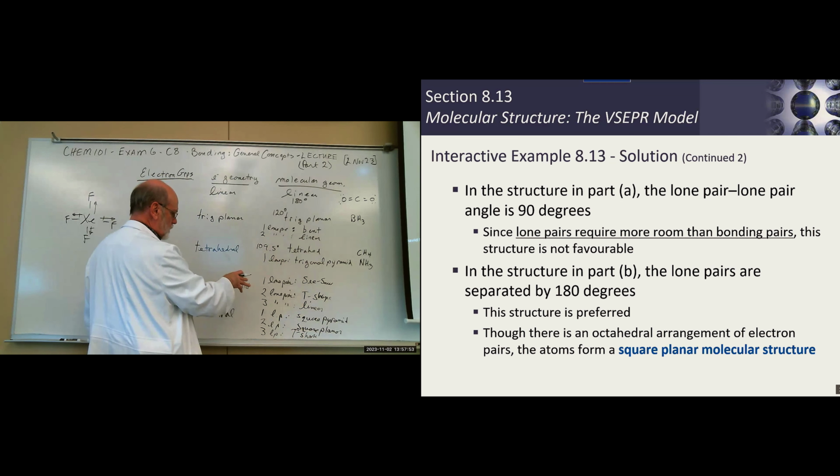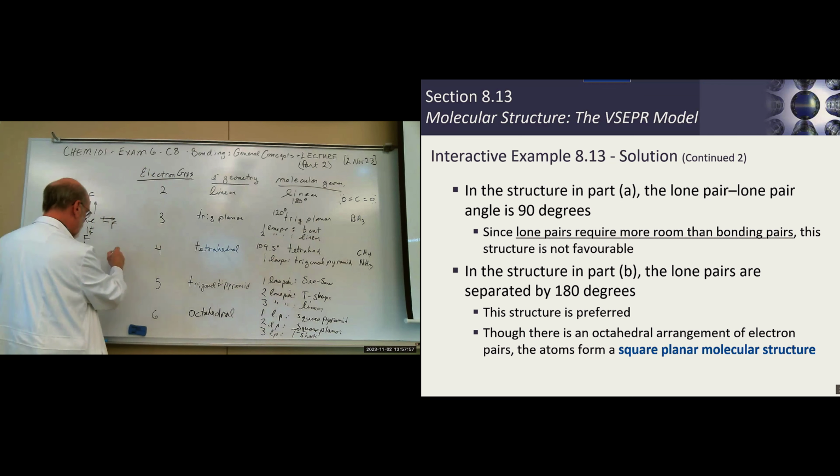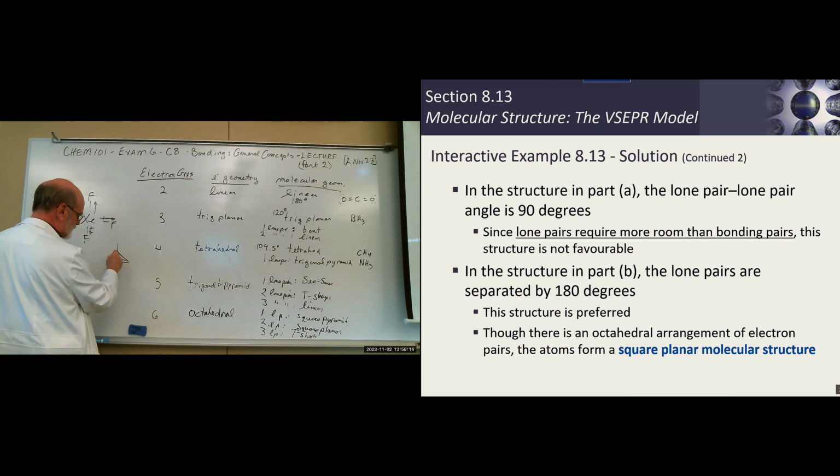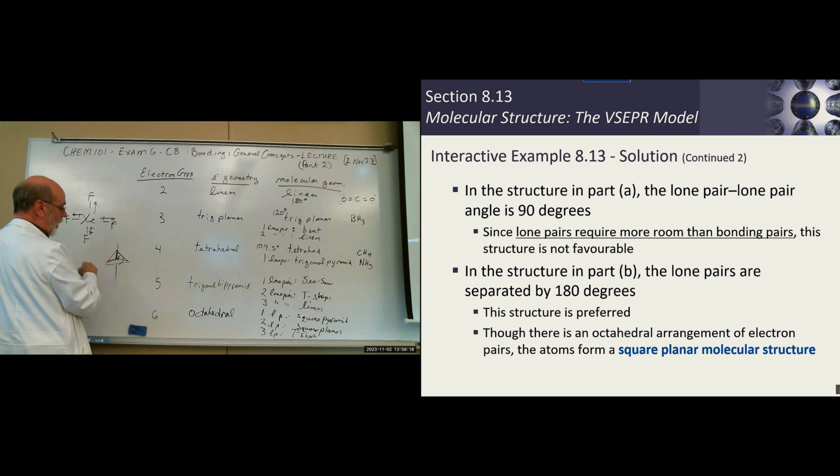The seesaw, though, let's see, trigonal bipyramid. If we draw this structure like that, and like that, and like that, with our central atom here, then we have the possibility for, these are the bonds right here, there, there, there. So this was right angle. This is 180 degrees, and these are in a triangle, 120 degrees.